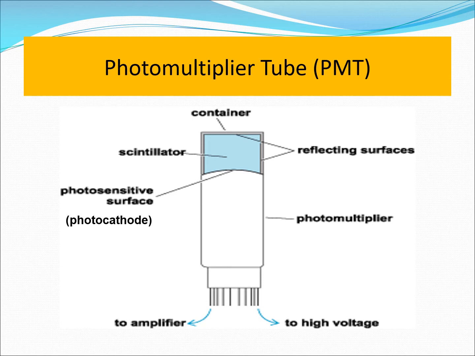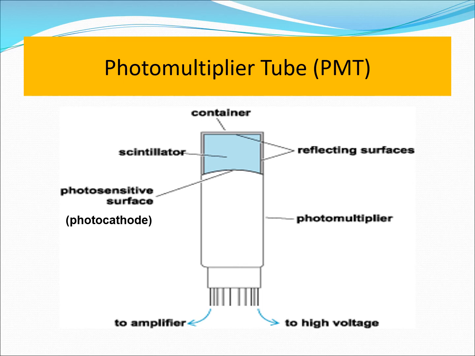It emits photons or light flashes, and when these contact the photocathode, it releases low energy electrons, which converge onto devices in the photomultiplier tube known as dynodes, and these amplify the number of electrons.